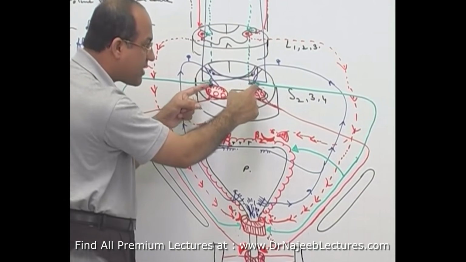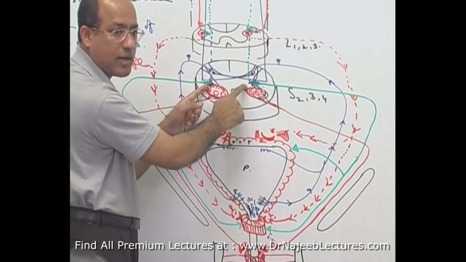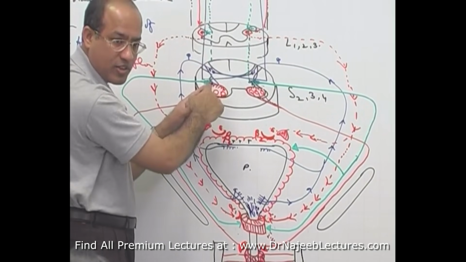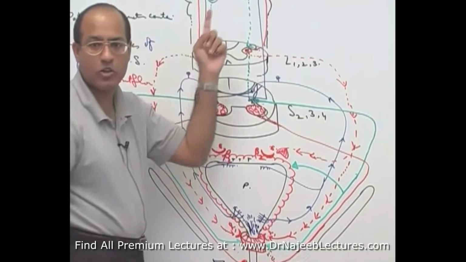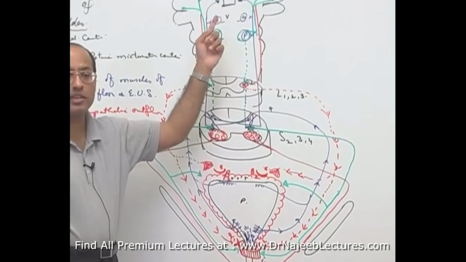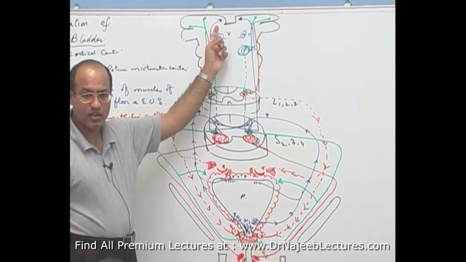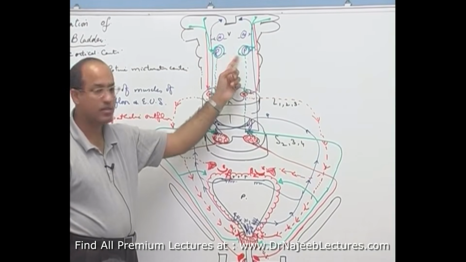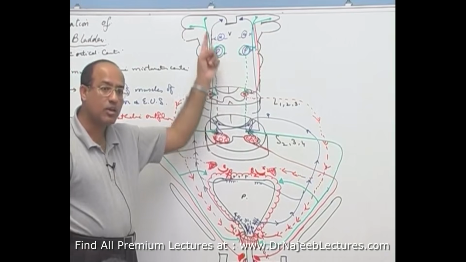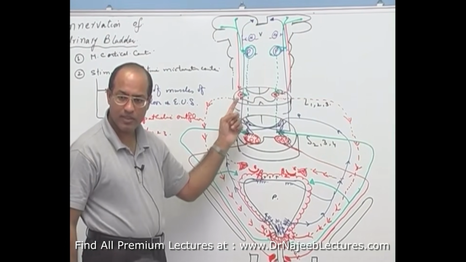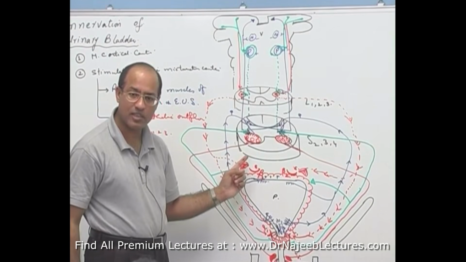It was trying to reflexively activate parasympathetic outflow, but parasympathetic outflow was kept inhibited by the higher centers, right? Information was going to the higher centers, and conscious level was determining it is not the time to pass the urine, and the higher cortical centers were inhibiting the pontine micturition centers, and there was overall stimulation of sympathetic outflow and inhibition of parasympathetic outflow.